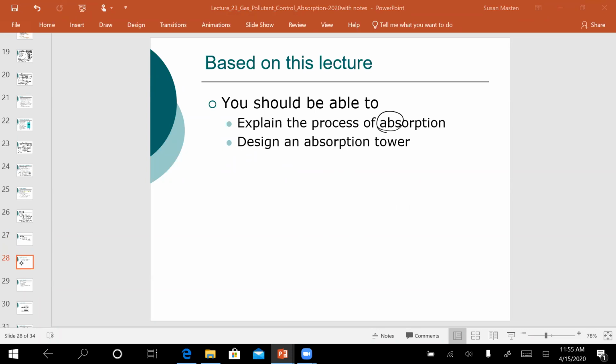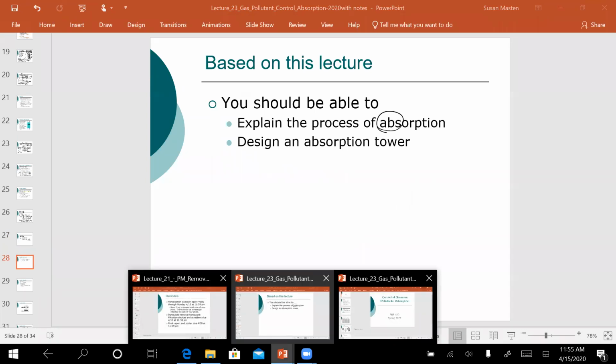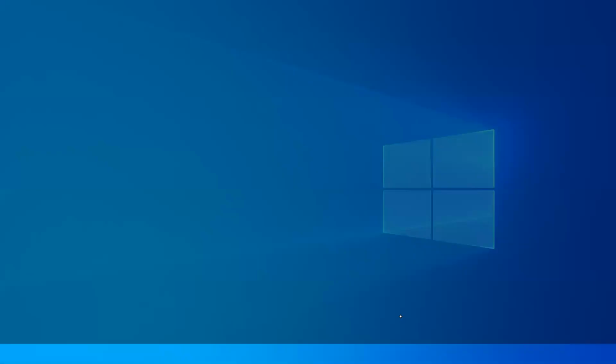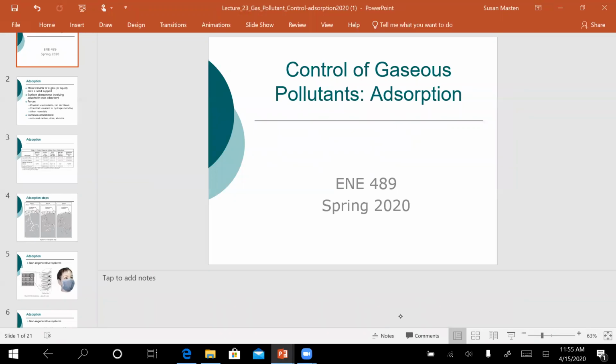Okay, I'm going to switch slides. And we're now looking at adsorption. So before we were looking at absorption, we're now looking at adsorption.